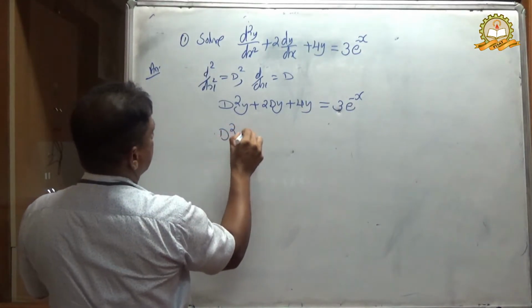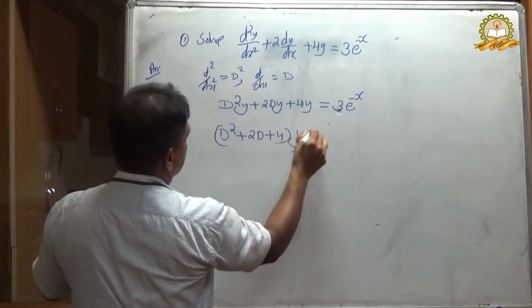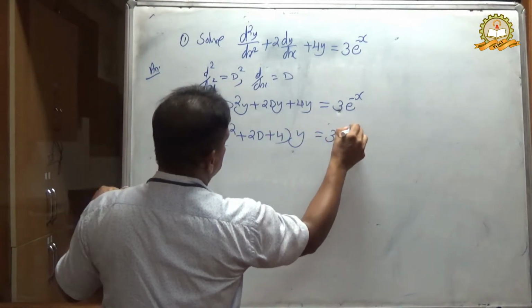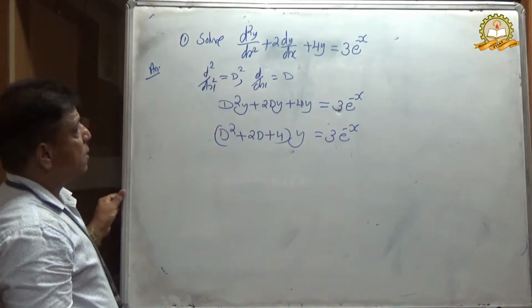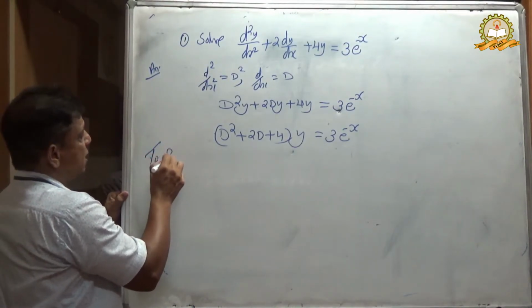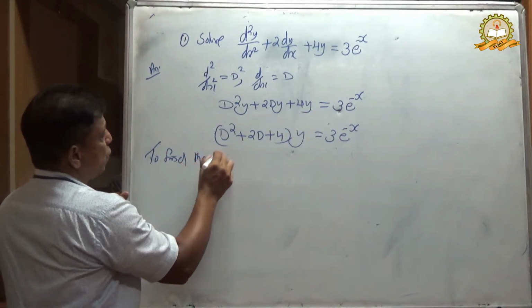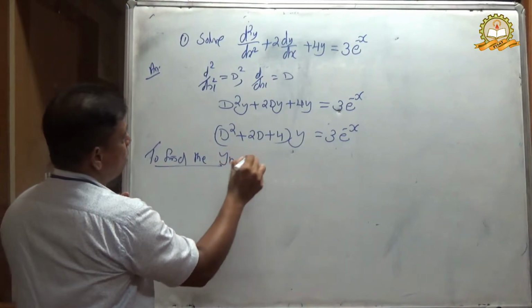Then D square plus 2D plus 4 of y is equal to 3 into e raised to minus x. Then the first step is to find the homogeneous part, that is, to find y of h, the complementary function.